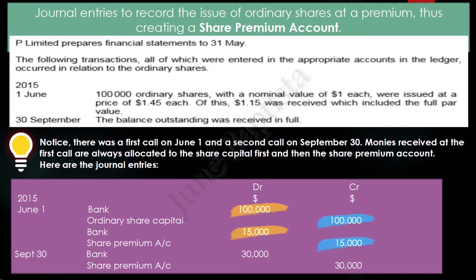This is the share premium that was received on the shares that were issued on the 1st of June. On the 30th of September 2015, when the remaining money was received, the bank account is debited by $30,000 and the share premium account is credited with $30,000.